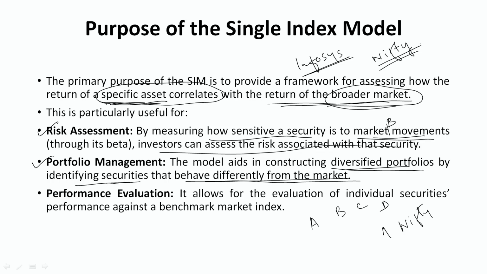When Nifty increases, I find A is increasing, B is decreasing, C is decreasing, and D is increasing. While constructing a portfolio, I can diversify by including stocks which are directly proportional to the overall market, like A and D, and stocks which are inversely proportional to the overall market, like B and C. That's the important aspect of portfolio management.